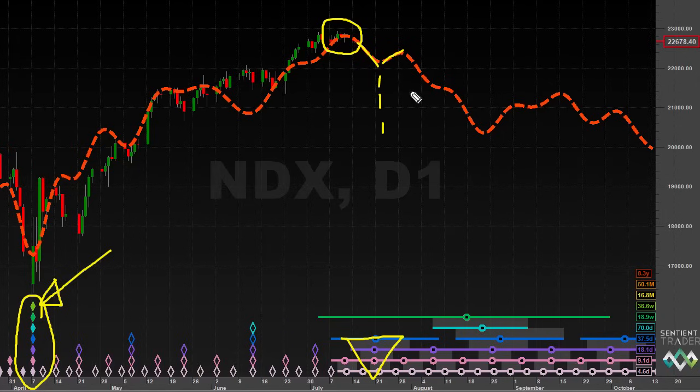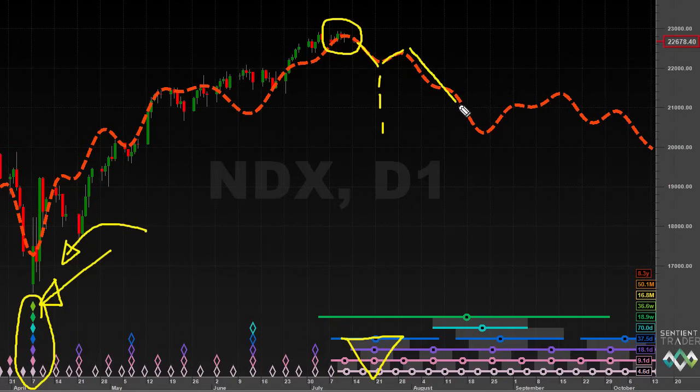Then we should get a small bounce out, not quite such a big bounce as we might expect in the S&P 500, because there might not be quite as much bullish pressure from this cycle trough. However, it is likely that the Nasdaq and the S&P 500 both experienced the same magnitude cycle trough in April. And so it is likely that the bullishness is going to continue in the Nasdaq as it is expected to do in the S&P 500.